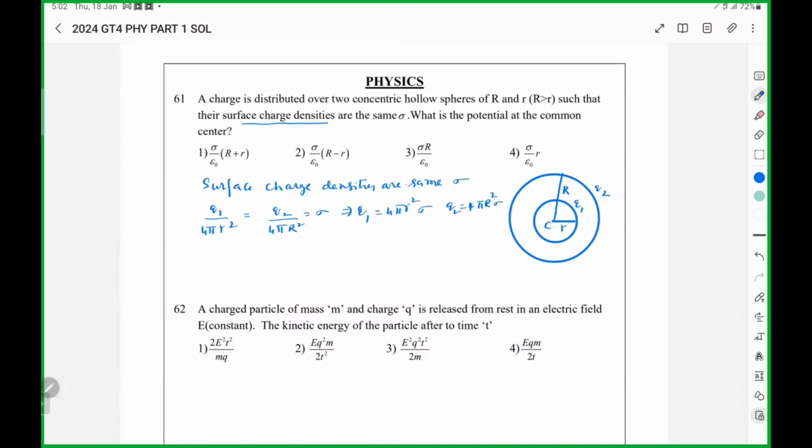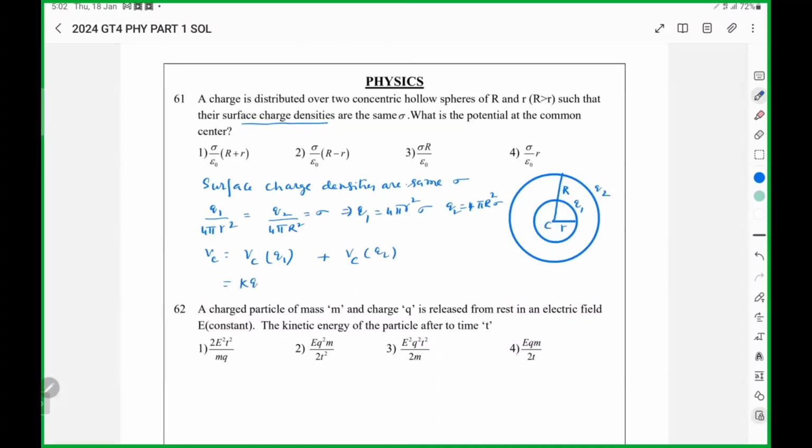So the potential at the common center C is the potential due to the charge present on the inner surface plus the potential due to the charge present on the outer surface.